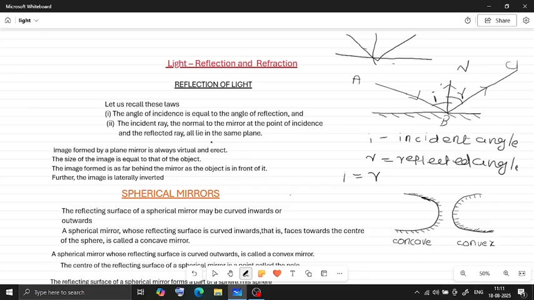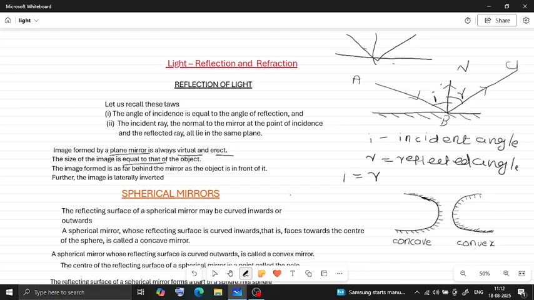Next we discuss the image formed by a plane mirror. When we talk about reflection, we first discuss the plane mirror. How is the image formed in a plane mirror? When we look in a normal mirror, for makeup or when dressing up, the image in the plane mirror is virtual and erect.